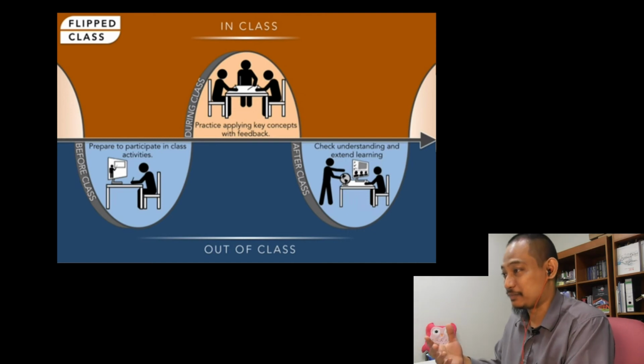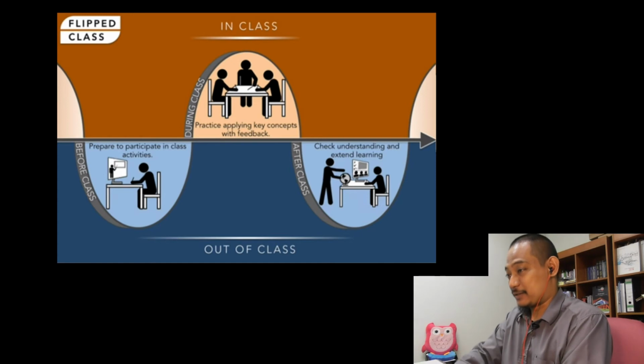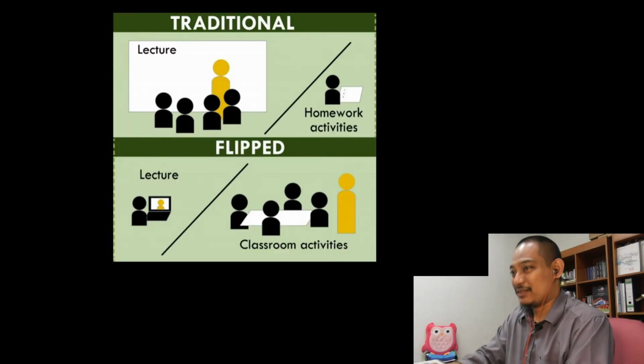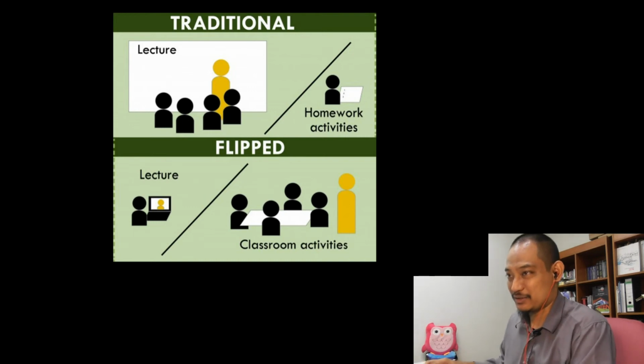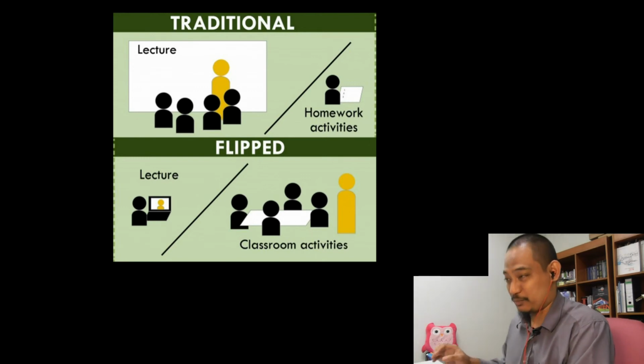In class, we solve problems until you understand, right? So that is my approach in my class. Traditionally you listen to the lecture and then do homework activities. In a flipped classroom, you watch the lecture before coming to class. So the obvious implication is that you have something to do before coming to class, right?